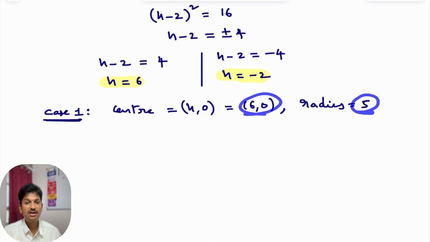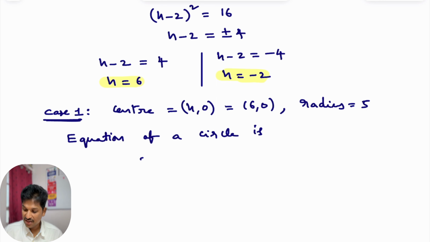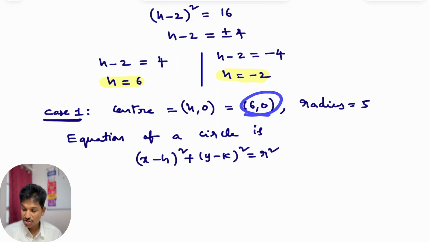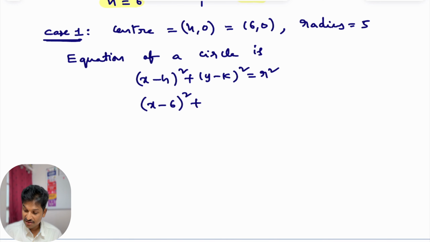When we know center and radius, we can find the circle equation. Equation of a circle, what is the formula? x minus h whole square plus y minus k whole square equal to r square. This is h comma k, this is r. Substitute these values in this equation and simplify. x minus 6 whole square plus y minus 0 whole square equal to r square.